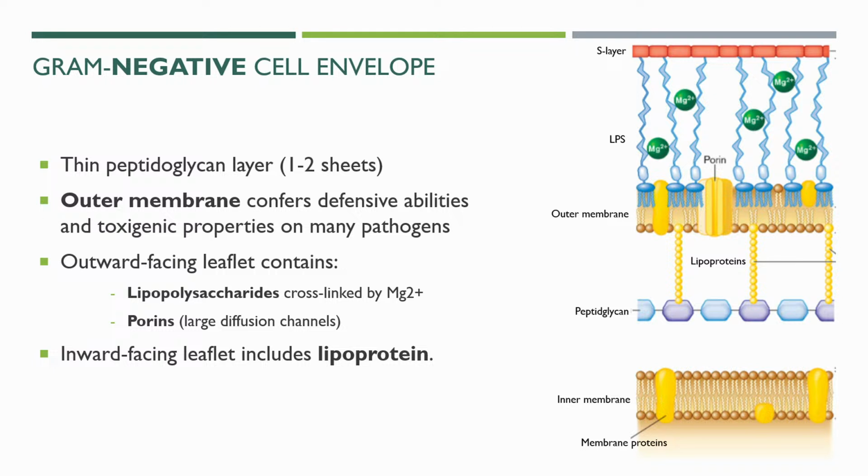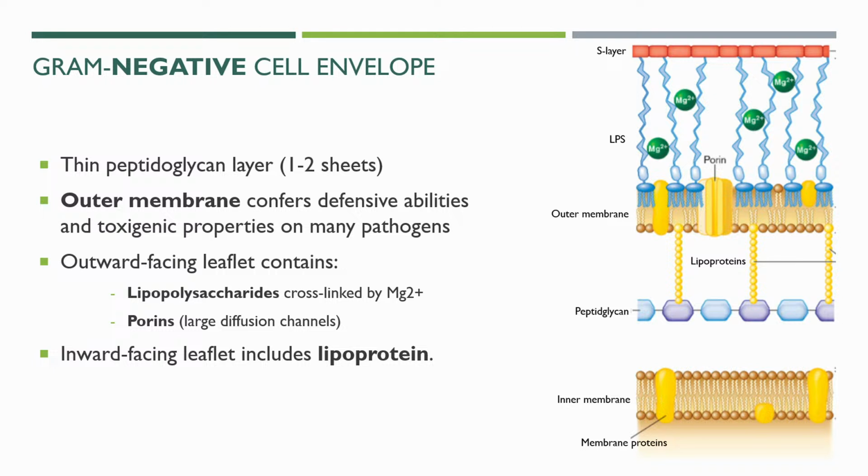And then there's this inner facing leaflet that has lipoprotein. So that's the part that connects the peptidoglycan layer to the outer membrane. So gram-negative cells have this LPS layer and these lipoproteins, and some other important things to remember.